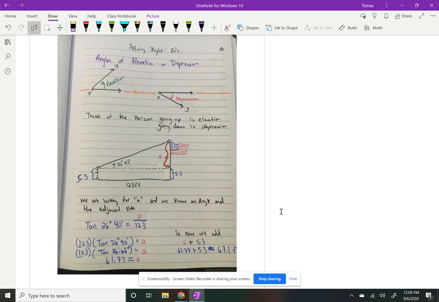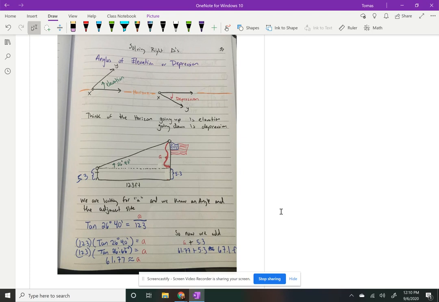Now, when we're discussing this, we also have problems dealing with angles of elevation and depression. Not depression like, oh, I'm sad, but depression in terms of angles. So think of the horizon, like you're looking out into the ocean and you see the horizon, the ocean and the earth.